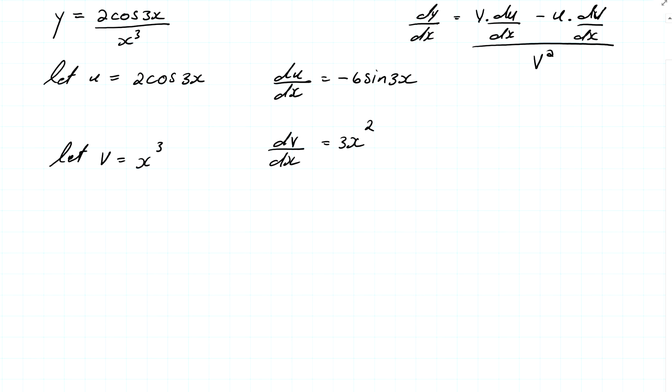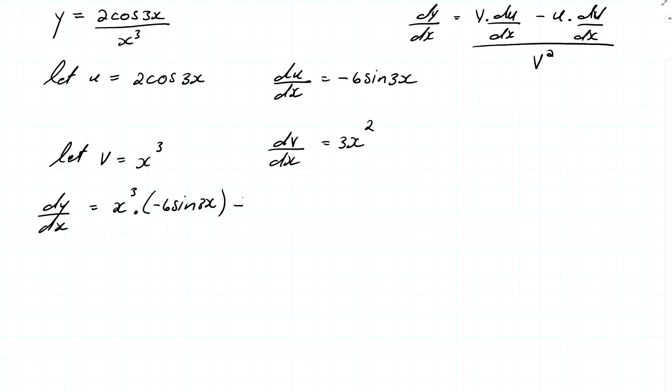Okay, and then if we write it as the rule, we have dy/dx. So we first write v as it is, and v is x cubed, times the derivative of u, which is minus 6 sine 3x. The dot here is just multiplication.